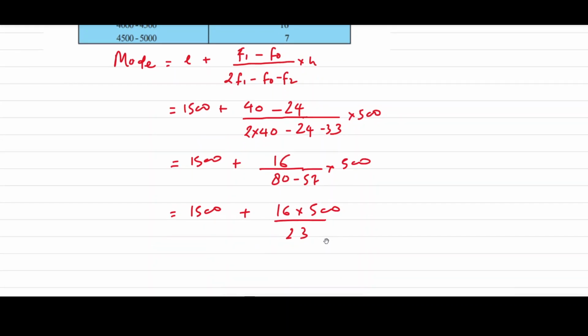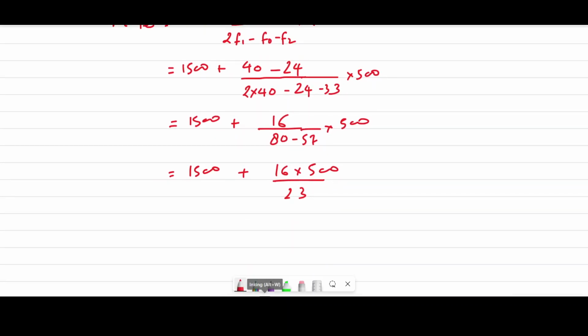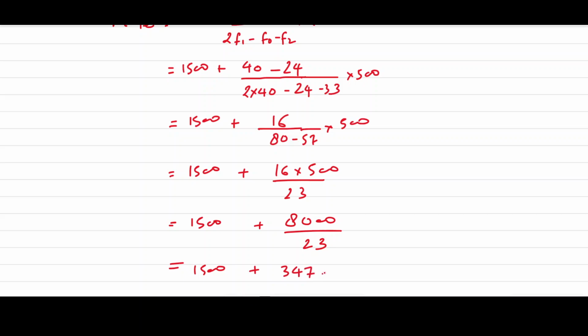Now we have to solve this. 1500 plus 16 times 500 is 8000, over 23. After dividing we will get 347.826.